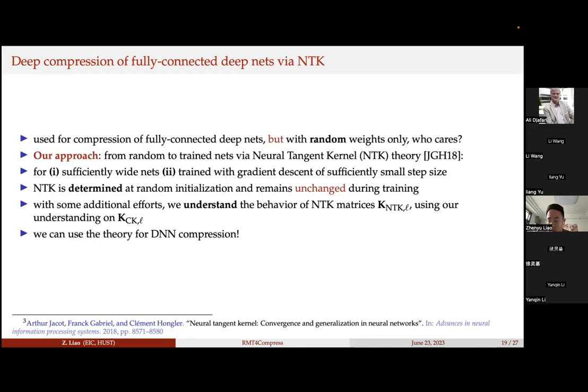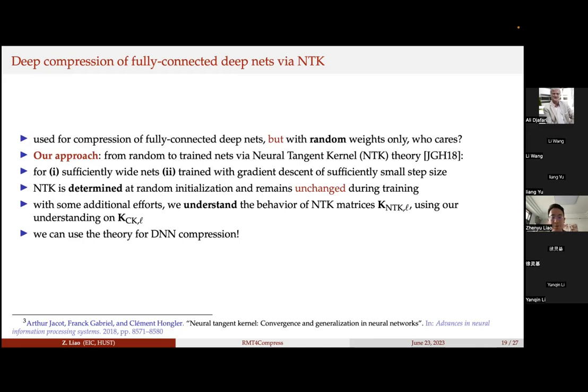It's independent of the distribution of the random weights, and it depends on the activations only through a few scalar parameters. We know the equation explicitly; I'm not showing it here, but it looks pretty similar to the conclusion for the conjugate kernel on my previous page. We're happy we can use this theory for NTK compression, and it holds true even after training.